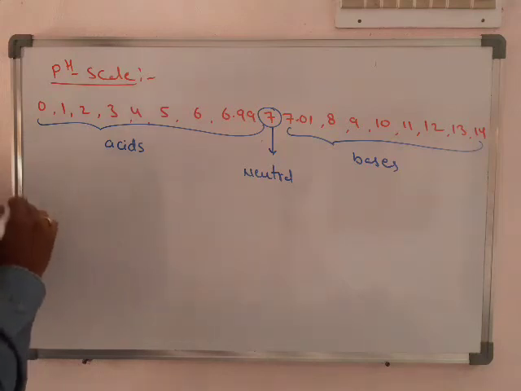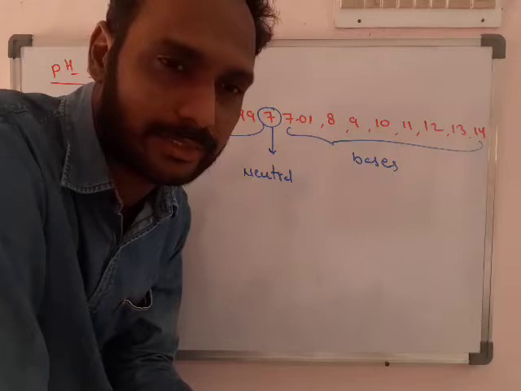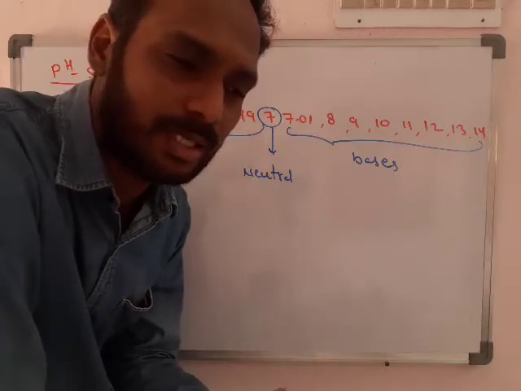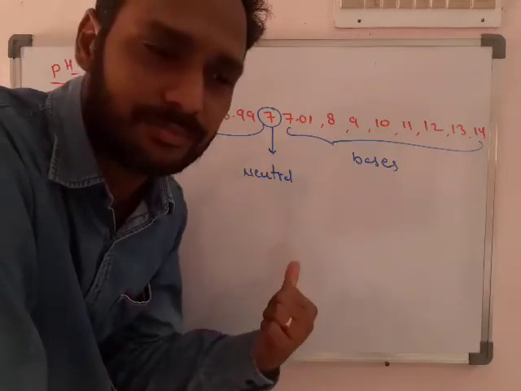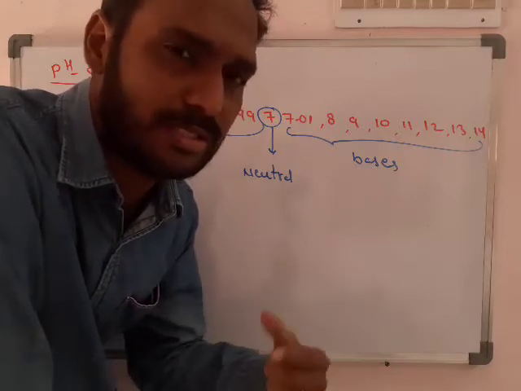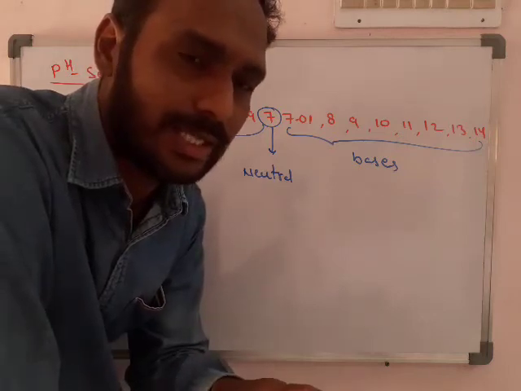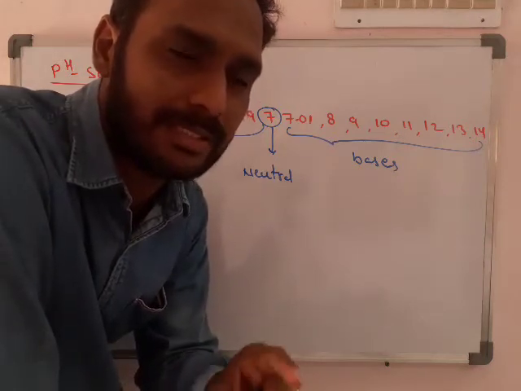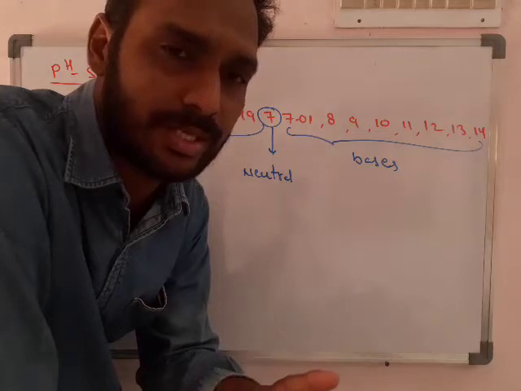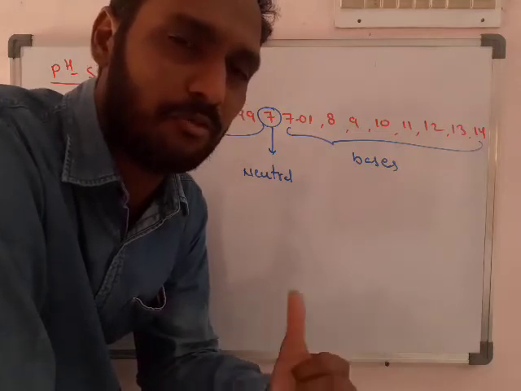For example, hydrochloric acid is a strong acid, so its pH will be less than 7. Sodium hydroxide is a strong base, so its pH is greater than 7. Means we are also able to compare the strength of strong and weak acids and bases with the help of pH.